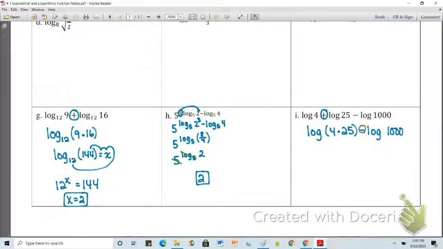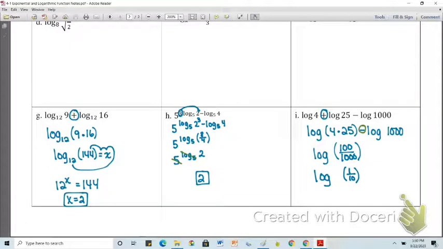Now this minus is going to mean divide. So 4 times 25 is 100. So I get log of 100 divided by 1,000. Now I'm going to reduce, and I get 1/10.